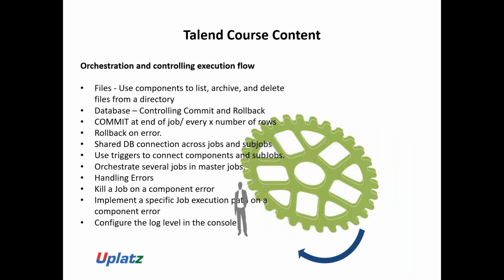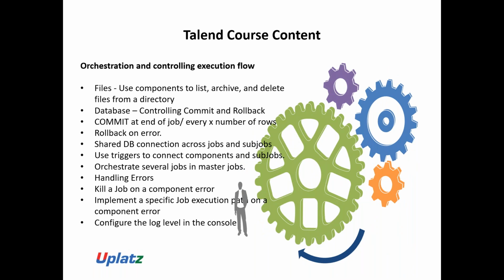And we'll go for the Talend architecture also. What is the Talend architecture, how to kill the job, how to connect to the databases, and how to connect the files. If you are getting any error, how to restart the job and how to handle error handling.